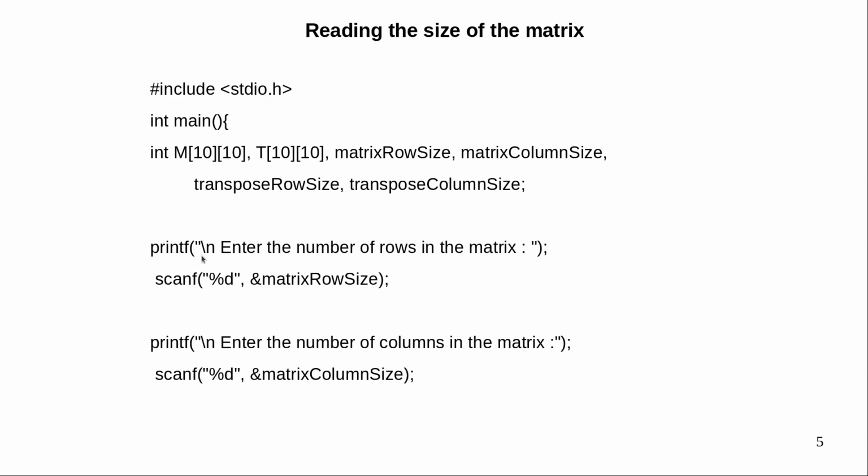In the first step, the user is asked to enter the number of rows in the matrix, which is stored in matrix row size, and after that the user is prompted to enter the number of columns, which is stored in matrix column size. So this is about reading the size of the matrix M.